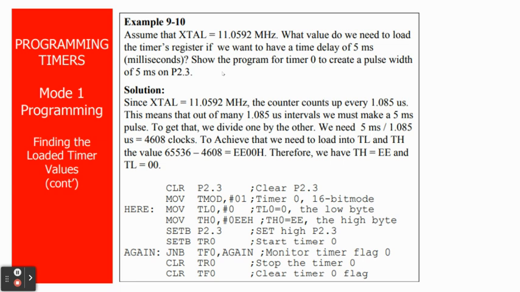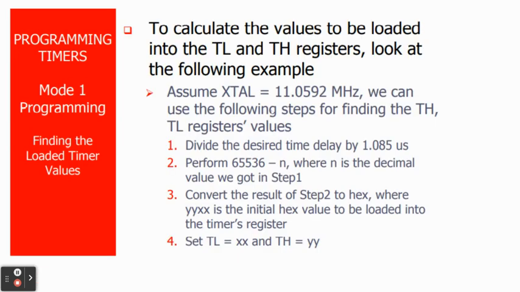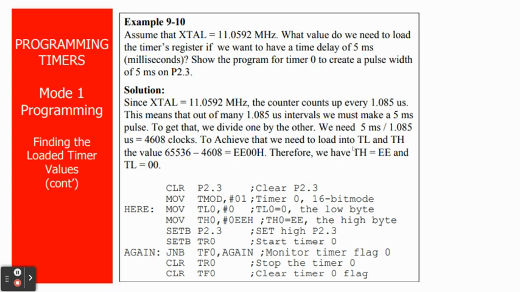Now, to do that, we can first calculate the time delay that we would use for 5 milliseconds. And again, going back to the formula given in this reference, 65,536 minus the delay divided by 1.085 microseconds. So that will be 5 milliseconds divided by 1.085 microseconds.